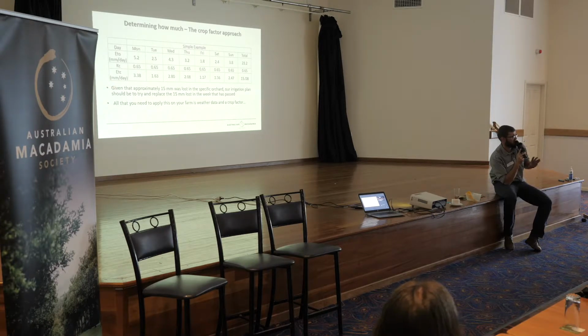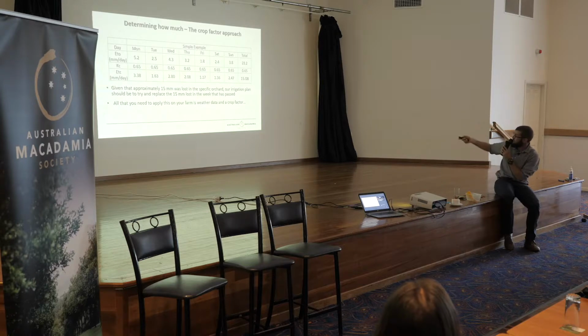Does that make sense? So we say ET0 times the crop factor, 65%, and we are getting 15 millimeters of water, which would have been lost in that week. So for you to go back to your field, you at least need to replace 15 millimeters in that coming week.